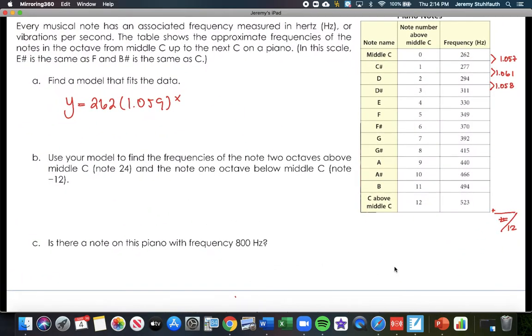Now, adding one small question onto here, what if I asked you, first of all, is this growth or decay? And we know it's growth because this is bigger than 1.